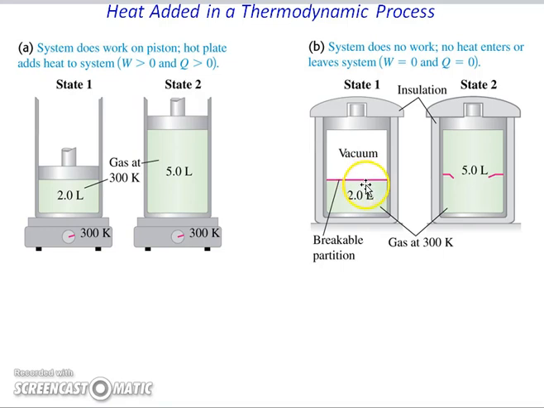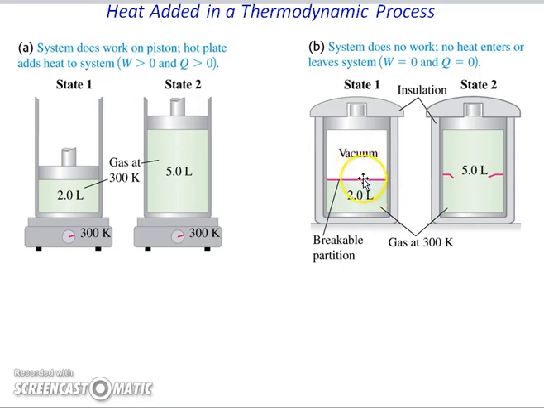Now let's consider a different process. The container is surrounded by insulating walls and is divided by a thin breakable partition into two compartments. The lower part has volume 2 liters and the upper part has volume 3 liters.